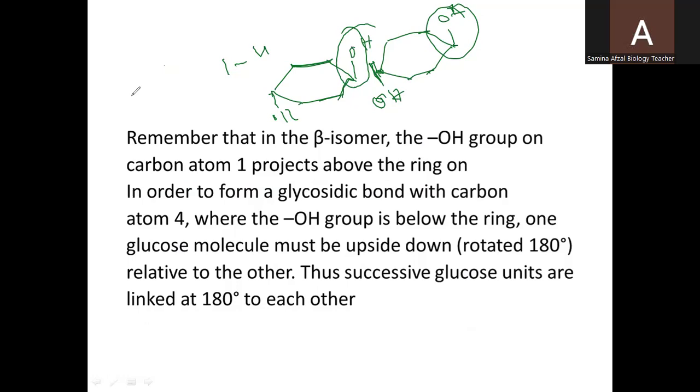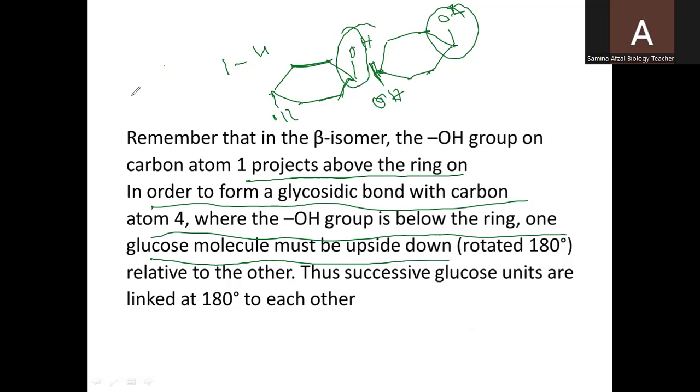So one projects above the ring, and in order to form a glycosidic bond with the carbon atom where the hydroxyl group is below the ring, one glucose molecule must be upside down, or it has to revolve through 180 degrees. It has to rotate around 180 degrees for the formation of this glycosidic bond, as I will show you in the next slide.